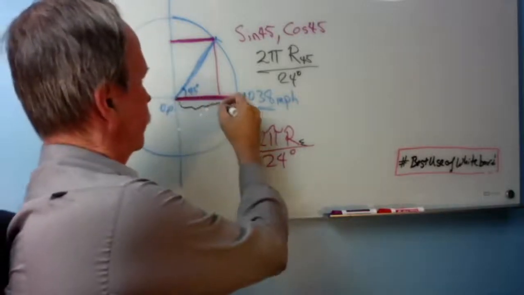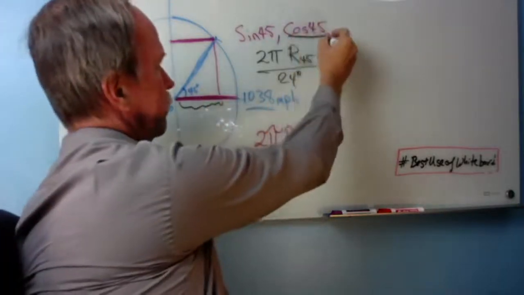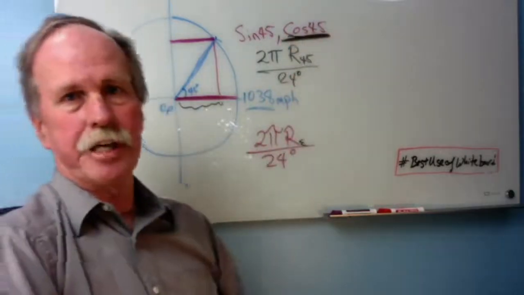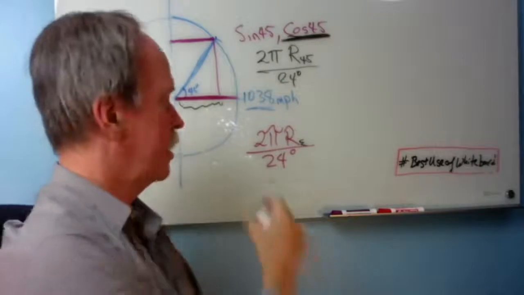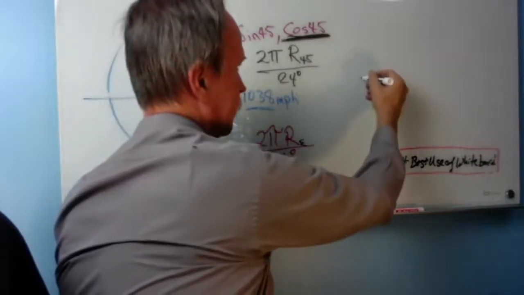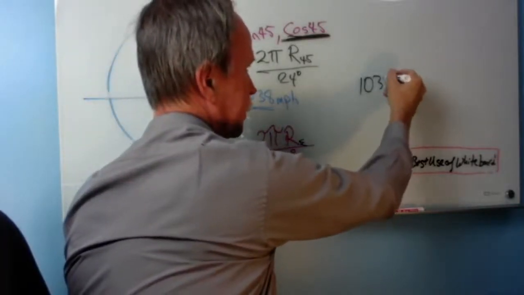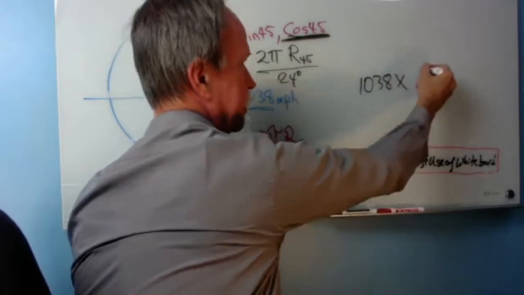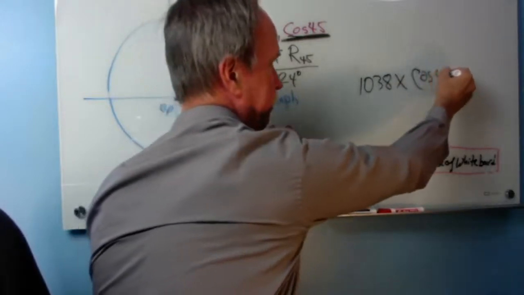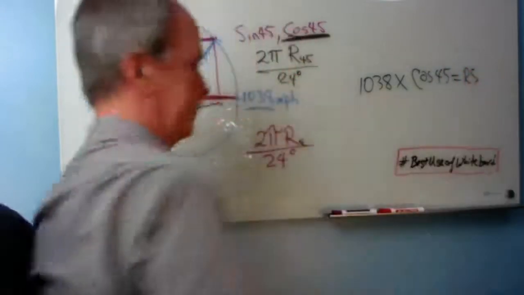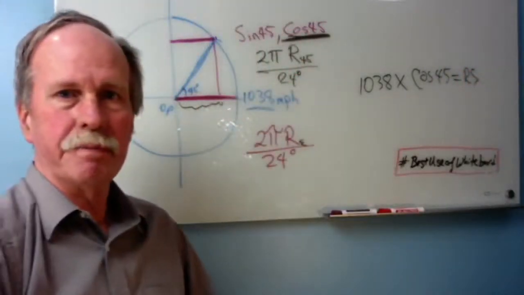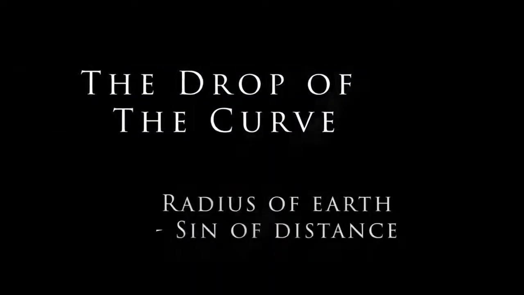It's right here. And that, ladies and gents, is the cosine of 45 degrees. So we take the rotational speed at the equator times the cosine of 45 equals the rotational speed at 45 degrees north. Pretty simple.